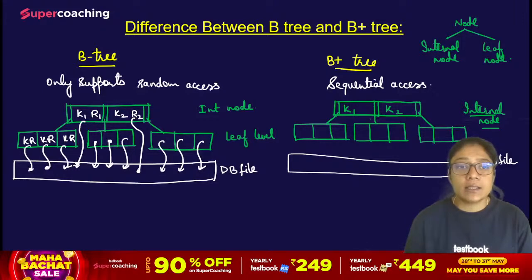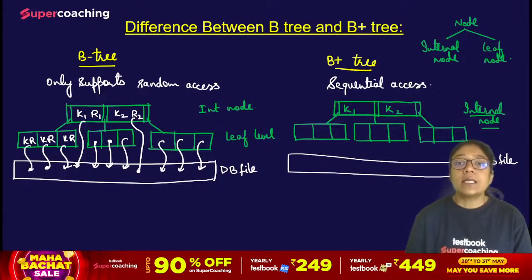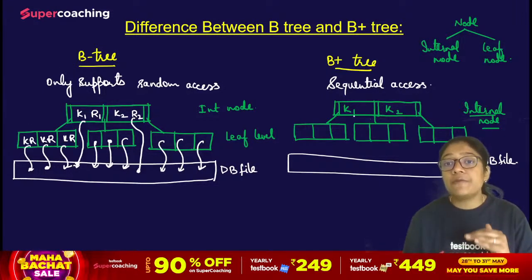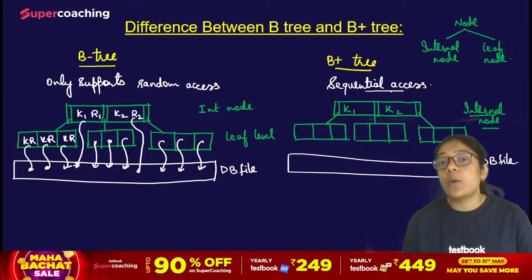So this indicates that if I want to access K1 R1, it's not in the sequential order, but definitely the elements within the key, वो चाहे B tree है या B plus tree है, should always be in ascending order. Whereas in case of B plus tree, the copy of the key will always be maintained at the leaf level because it has to support sequential access.